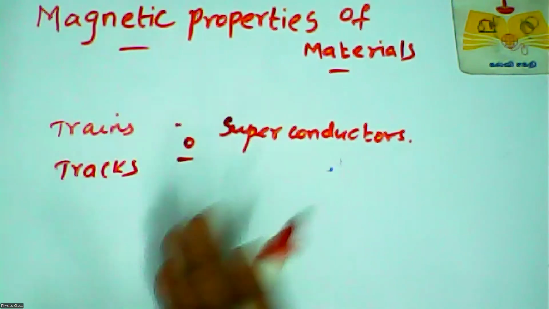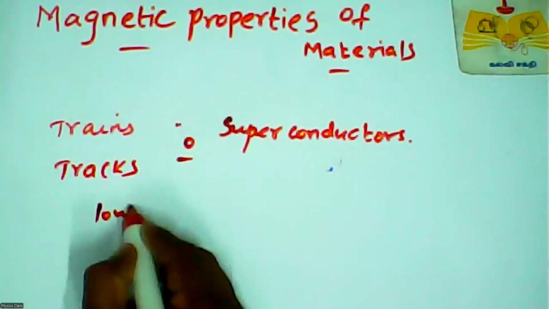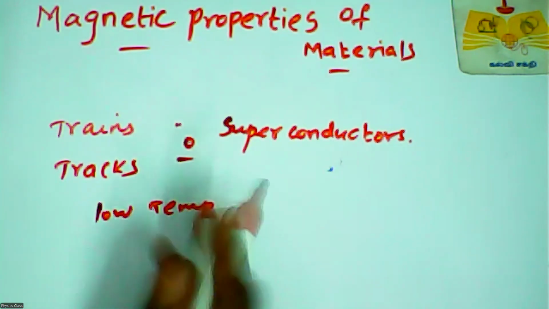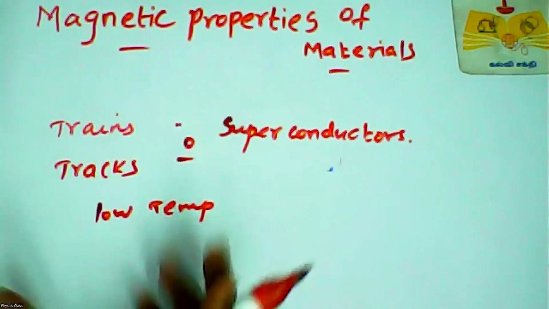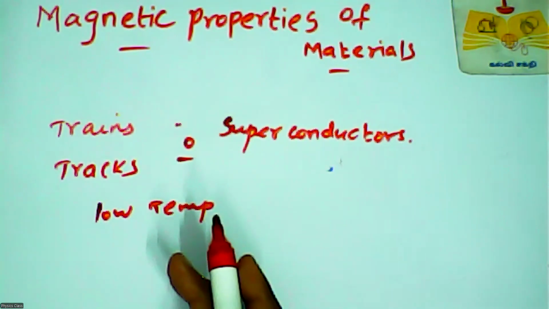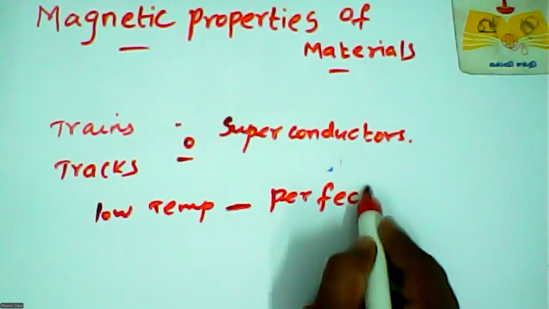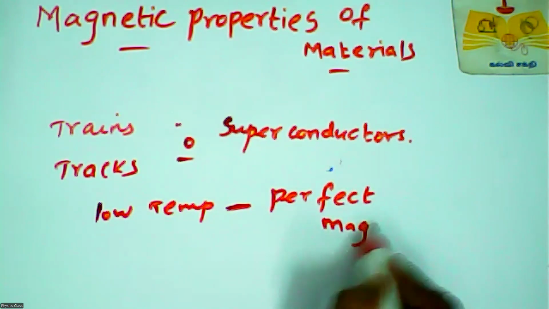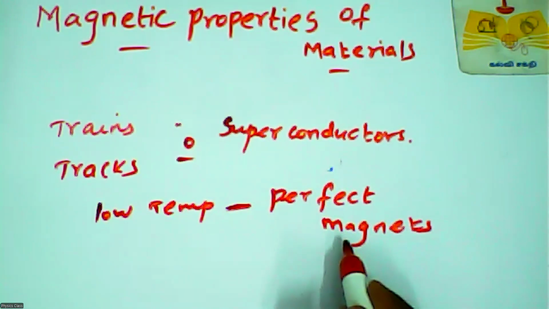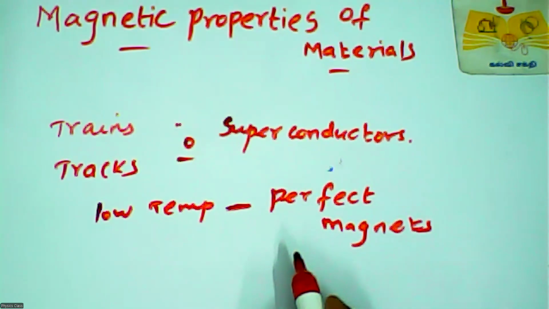When certain metals are cooled to extremely low temperature, they don't just become perfect conductors, they become perfect magnets. They totally expel all magnetic field lines.